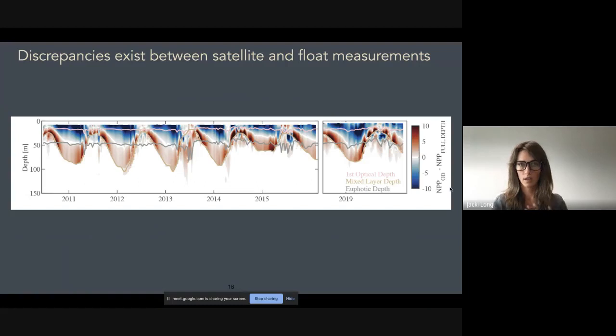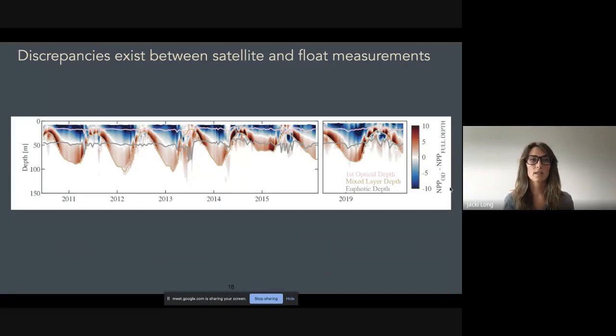So again, this is only showing float data. It's the difference between NPP derived from just the optical depth average float data and then derived through depth as CBPM does for satellites, minus the depth resolved float estimates of NPP.